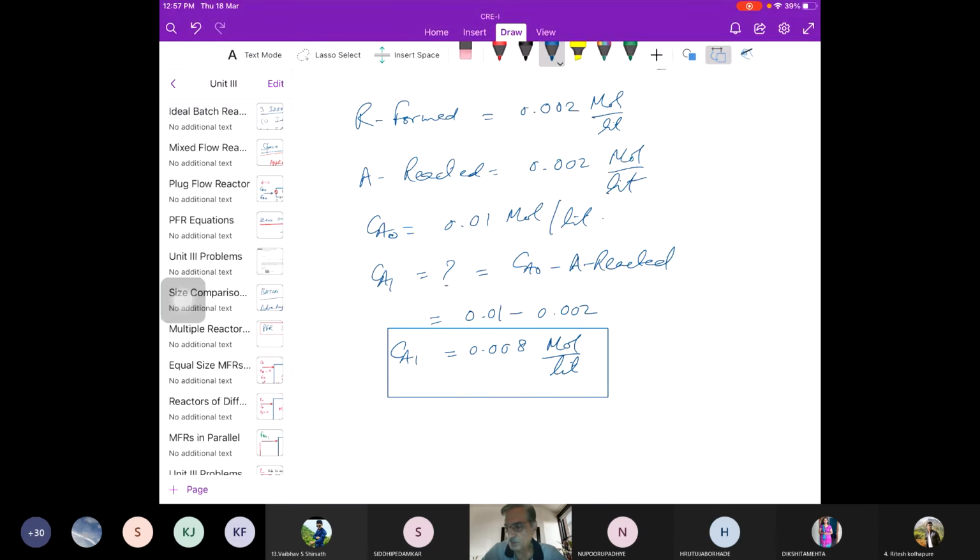So you should be able to work with the data and find out what is given and what is not given, but there's a way to find it out. So now we know Ca naught, we know Ca1. So can you find out the value of K?